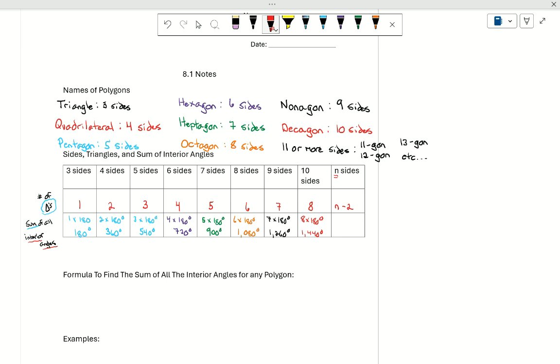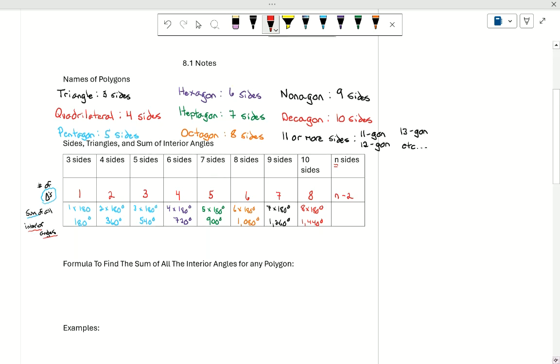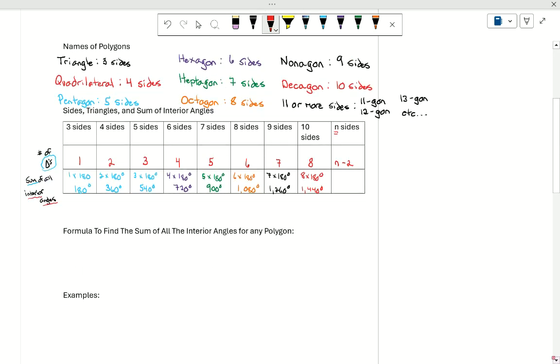And this is going to bring us down here in our notes where we have the formula for finding the sum of the interior angles for any polygon. Okay, and I'm going to give you two formulas actually. The first one is going to be for the sum of all interior angles.